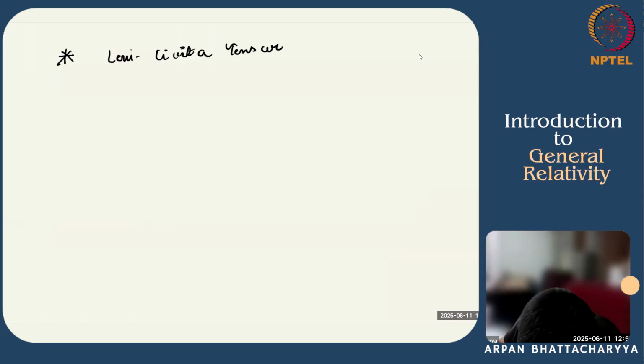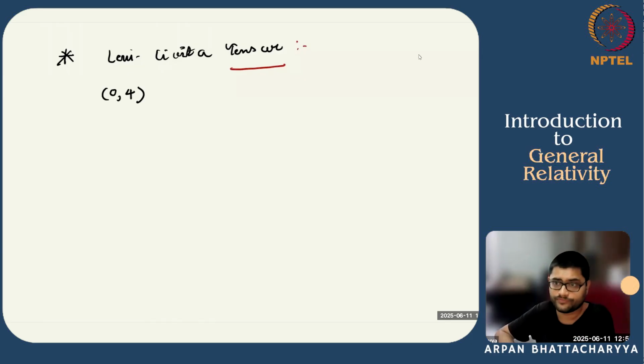I will keep an underline here because we will see that in general it is a pseudo tensor. We will define it later. So what is this? This is a rank 0,4 tensor, or rather, as we will see later on, a pseudo tensor.